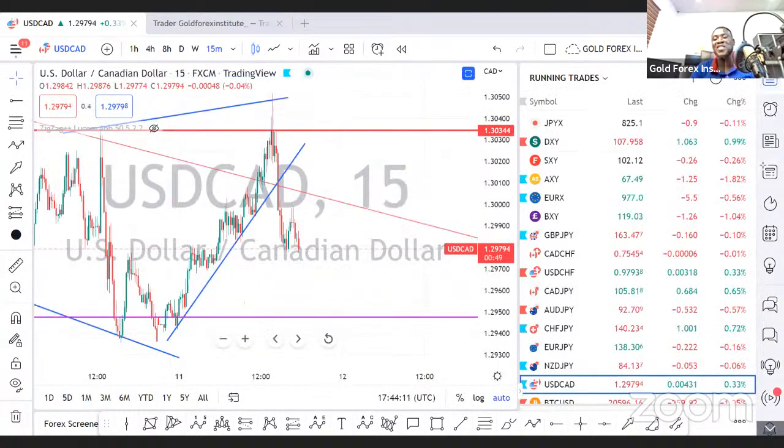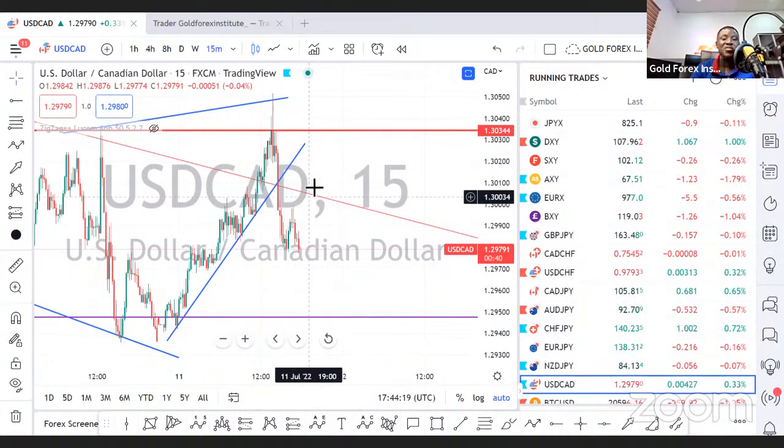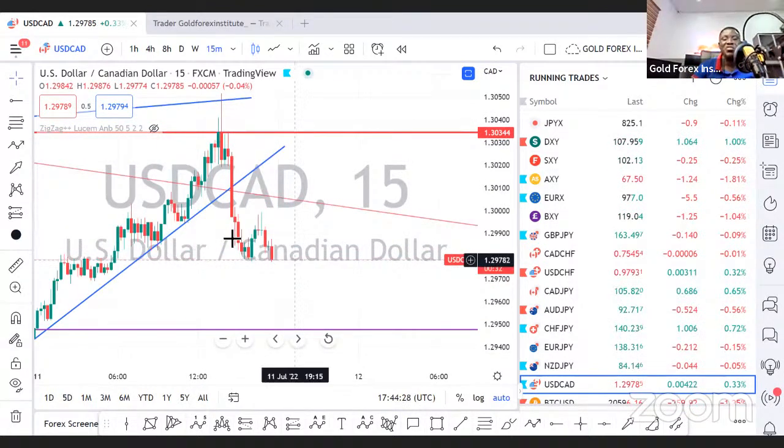Now let's look at UJ. Someone is asking about UJ. Okay, William said I should wait for a retest. Yes, I'm waiting for a possible retest because this is not a correction. After the impulse, this cannot be a correction. When you have something straight like this, you should know that it's forming a flat correction. It will definitely go up.